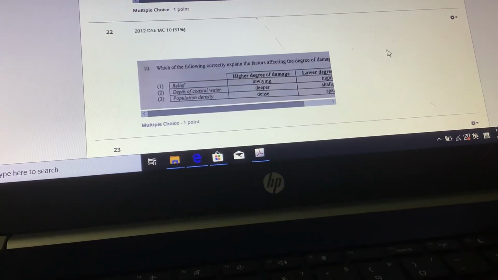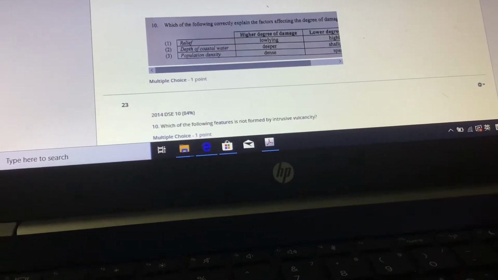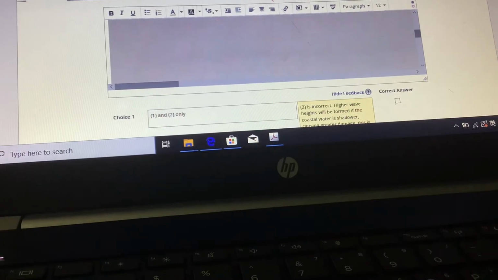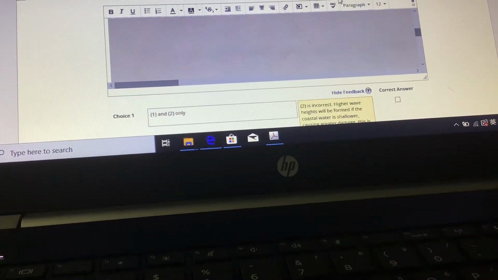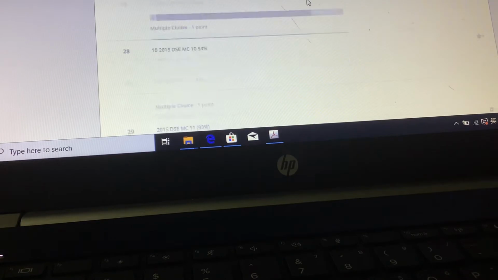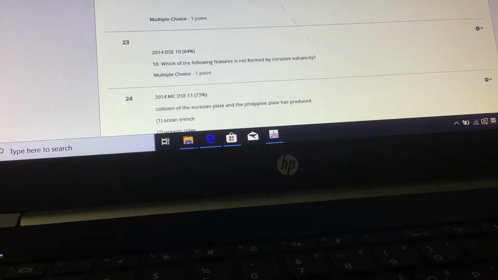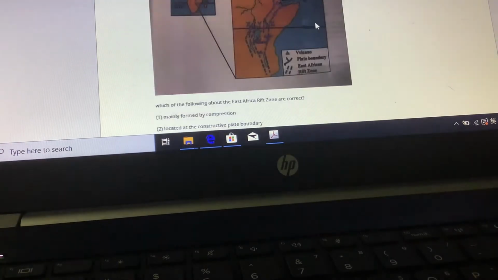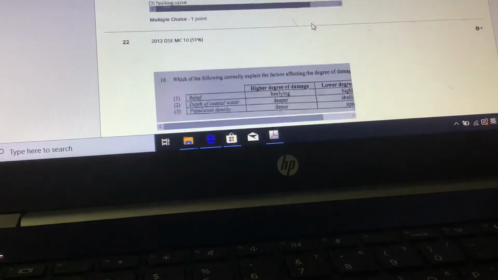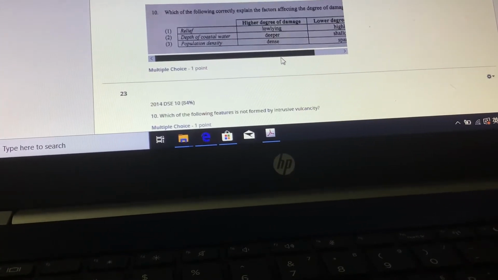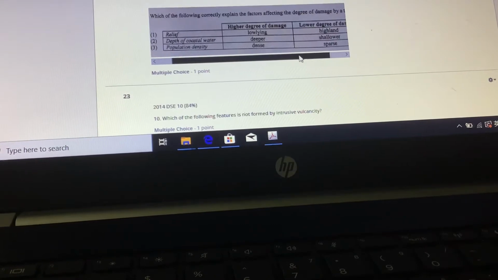Which one is talking about a higher degree of damage from the tsunami? If we have a higher relief, how come it looks like this? Let's go to the previous page first. Let's have a look here first, because if not, the picture will become magnified.